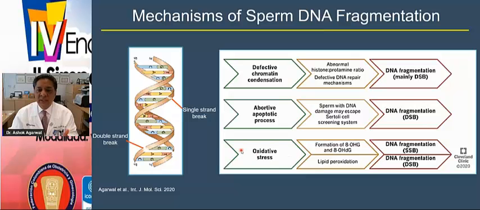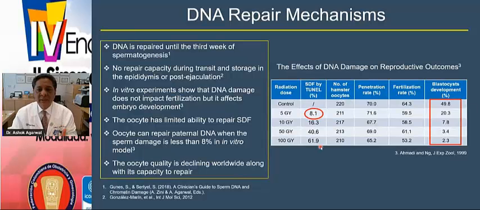Now, oxidative stress, which is an imbalance of oxidant and reductant, forms 8-hydroxyguanosine and 8-hydroxy-deoxyguanosine, and that results in either a single strand break or a double strand break. So oxidative stress is one of the causes which can result in either double or single strand breaks.